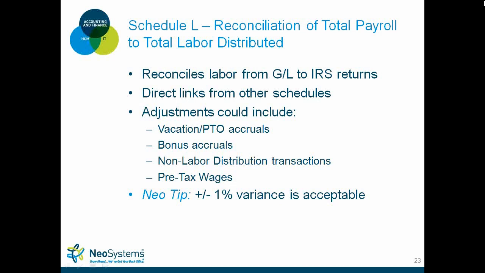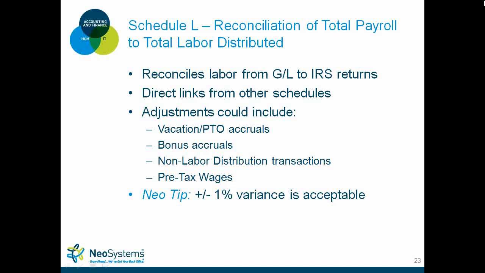So that may not necessarily be in the labor distribution because it didn't run through that process. But nonetheless, you've got to add it, you've got to consider that. So think about those things, especially if you're off. That may be a case where you may not be accounting for all of the labor distribution transactions because there may be something away from or outside of that.